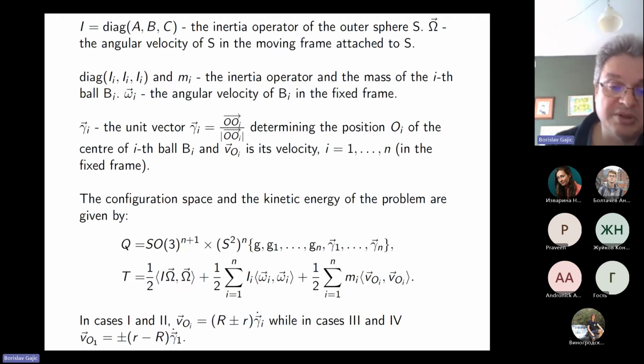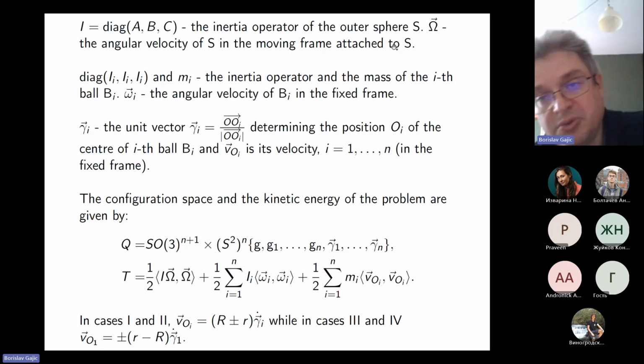So just to fix the notation, E is the moment of inertia of the moving sphere, so dynamically non-symmetric. Omega is the angular velocity of the moving sphere in the moving frame attached to the sphere.